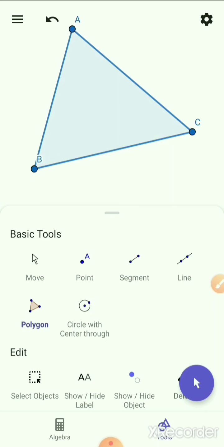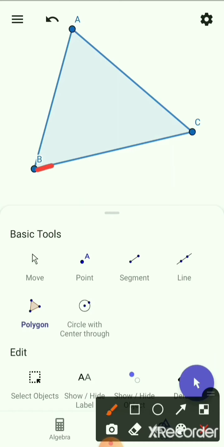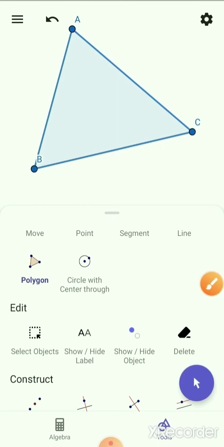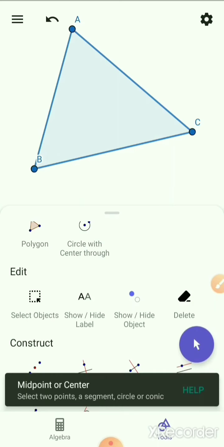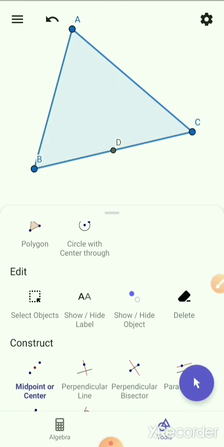Let's see how. First I'll start with side BC, this side. Here I will first find the midpoint of BC. So midpoint of BC is D. Is it really a midpoint?